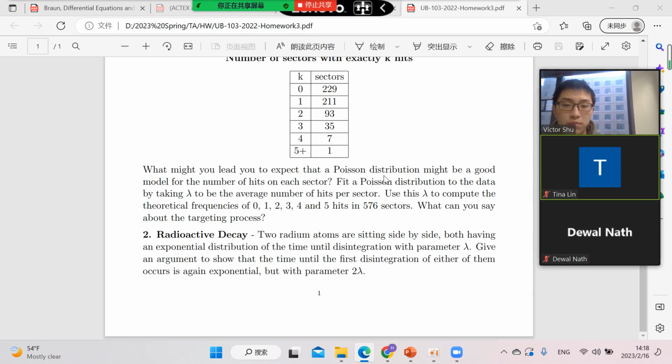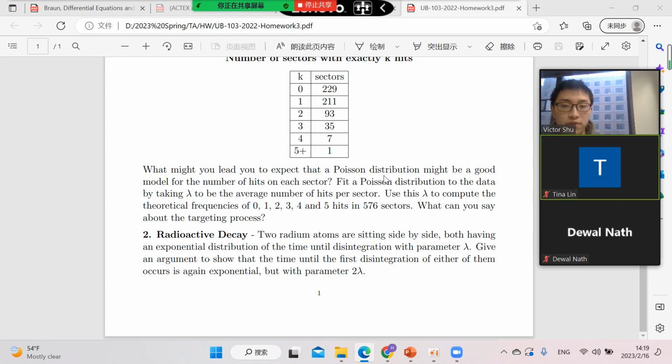Those two atoms are, very importantly, independent of each other. What happens to the first atom doesn't affect the second atom. Whether the second atom disintegrates or not only depends on time, right? It only depends on itself. It has nothing to do with the first atom. So basically, the two are independent.